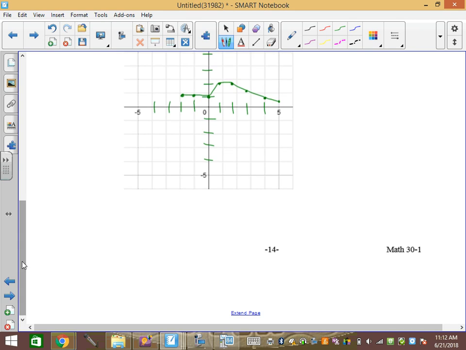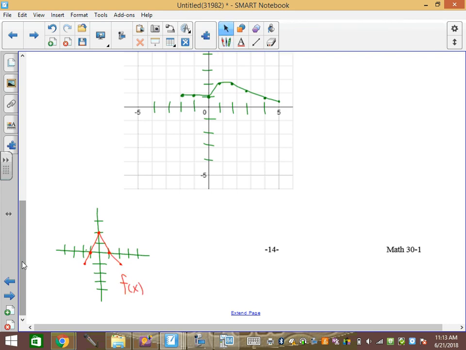Now, let's do a little tiny graph here. Say this is F. Do a small little graph. That's my f of x graph.